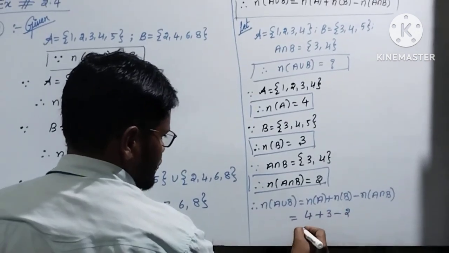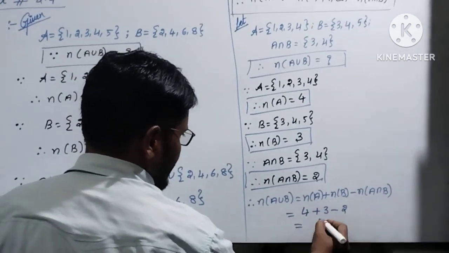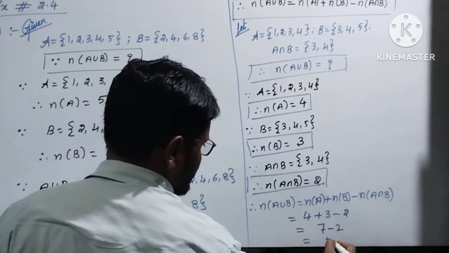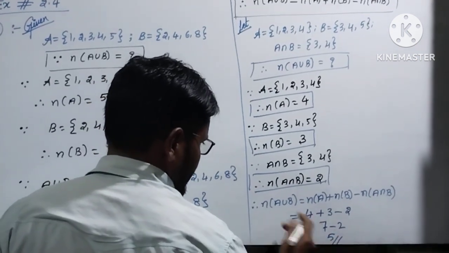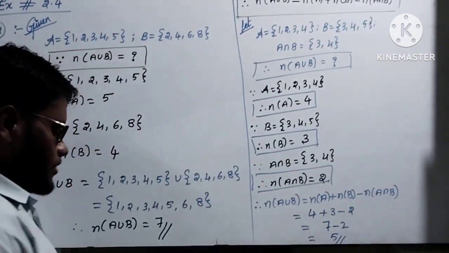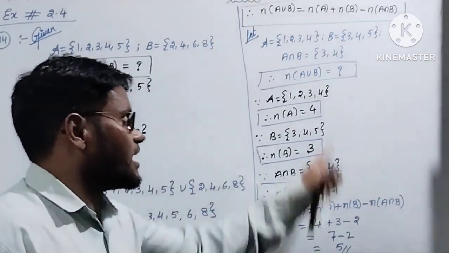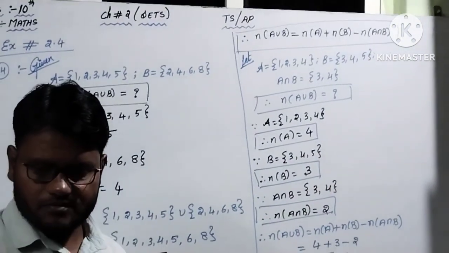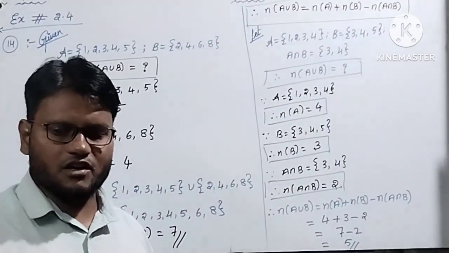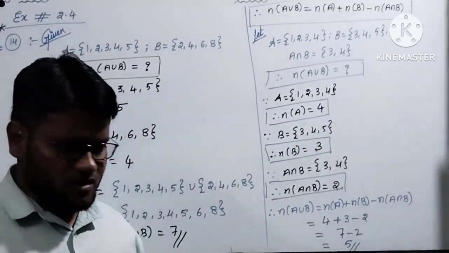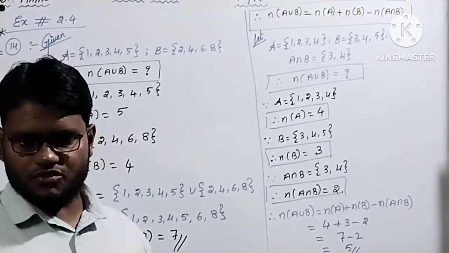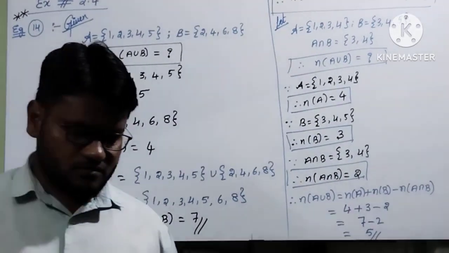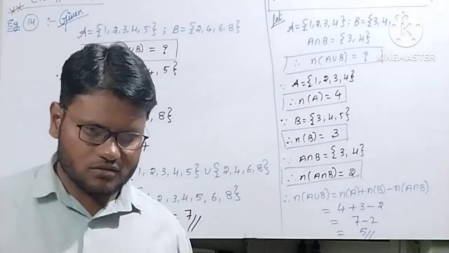First add the two values, 4 plus 3 is 7, and minus 2 as it is. 7 minus 2 is 5. So n of A union B is equal to 5, that is the answer. This question was asked in the previous examination. Many students got confused because this formula is not in the textbook, and most students didn't solve this problem. Any doubts now?